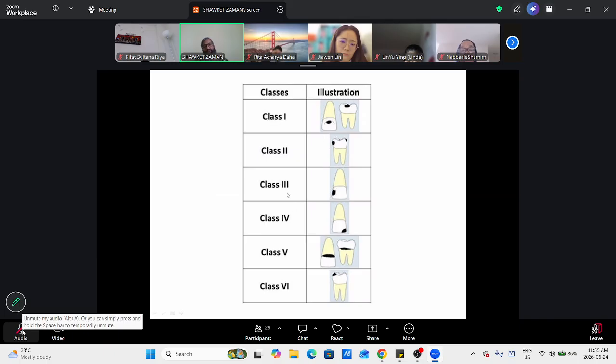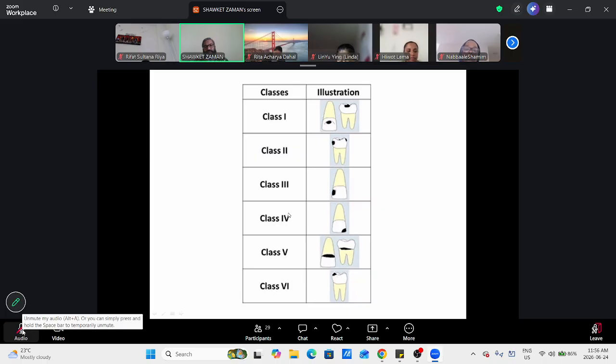Now class 3 and class 4, which tooth is this? Anterior. So that is our anterior teeth. So as you can see here, class 3 in the anterior teeth, and that is called our mesial surface. That is the distal surface. So when the tooth cavity is present on the mesial surface or the distal surface, but not involving the incisal edge, that is called the class 3 cavity.